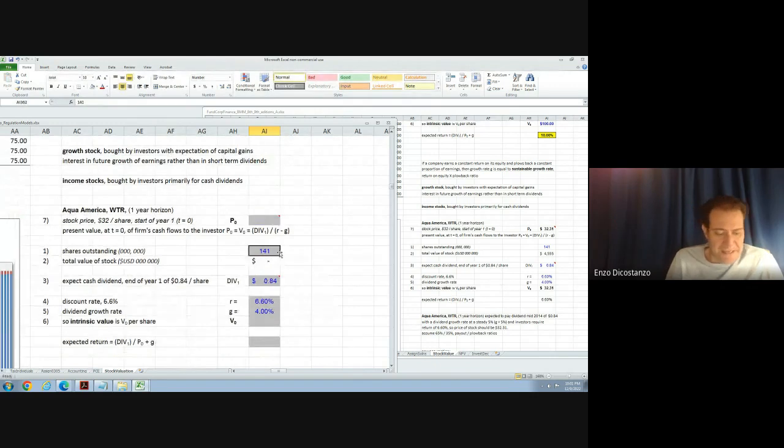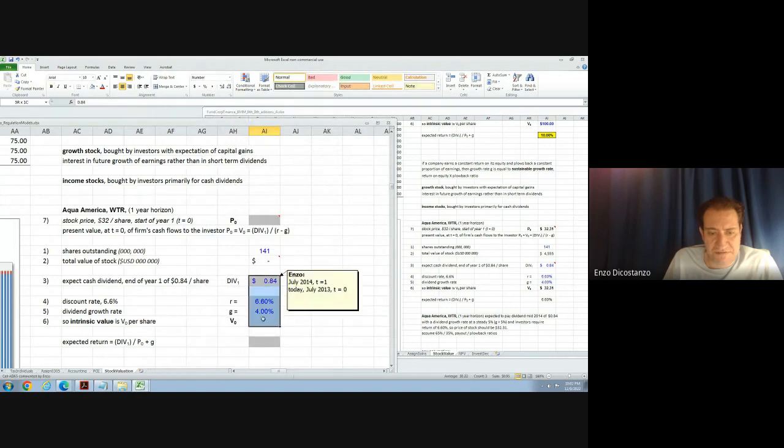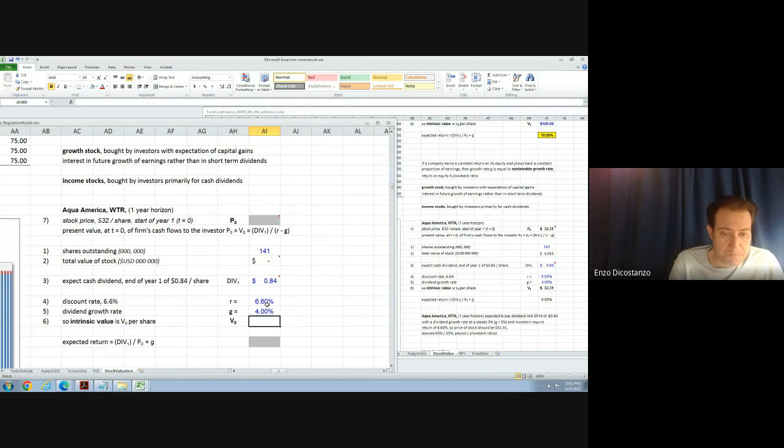Yeah, so you got to take that price that you determine. This is just equals dividend over rate minus G, which is 32.